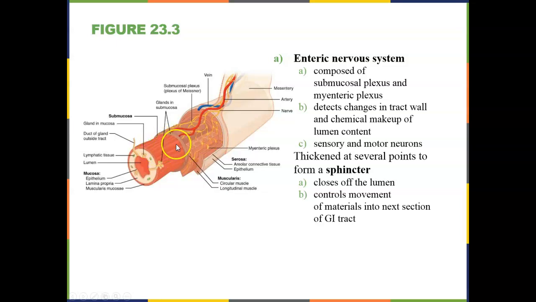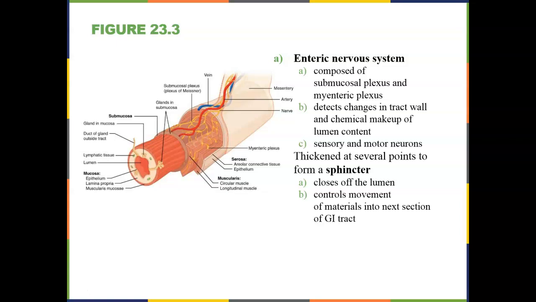Together, they help to maintain the movement of materials and secretions, so the digestive system works very effectively. It will help in controlling movement of materials, closing off areas so that food doesn't move too fast, or opening up those areas so food can move through.